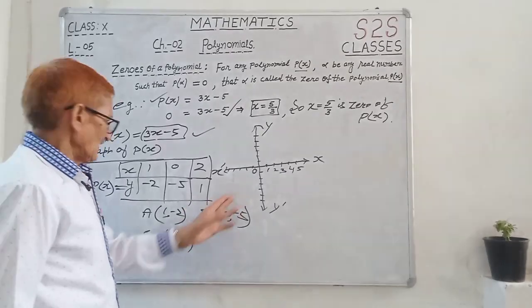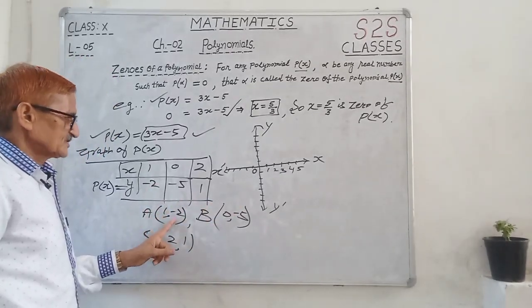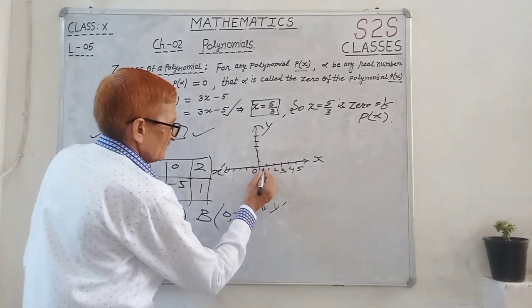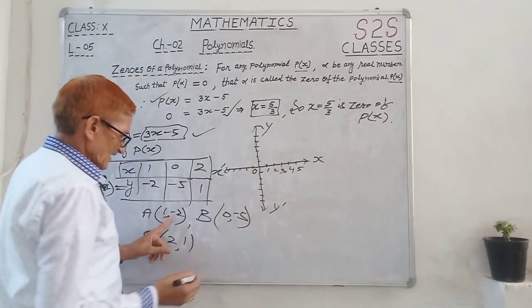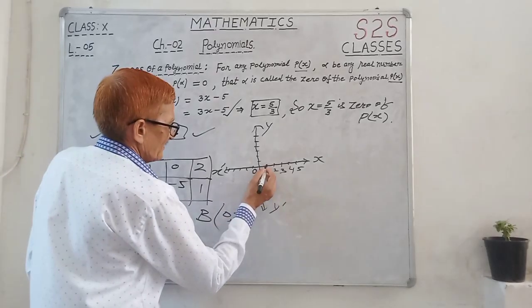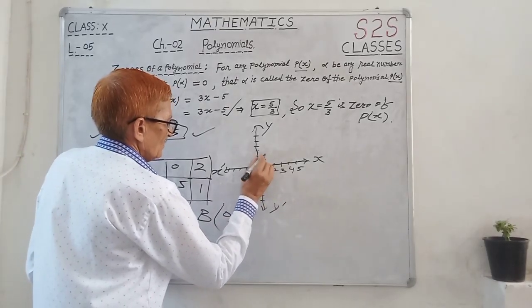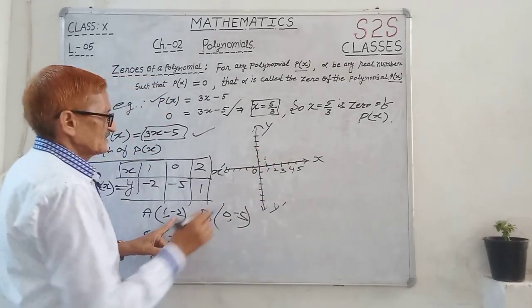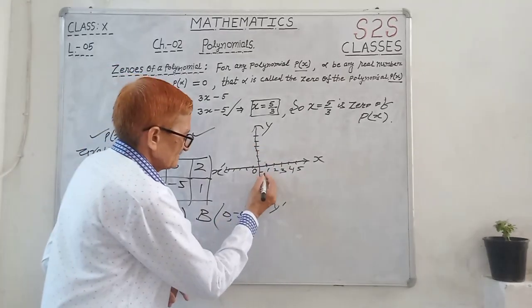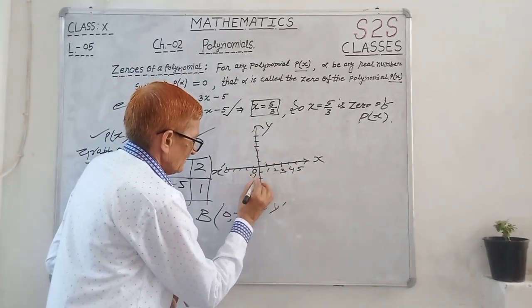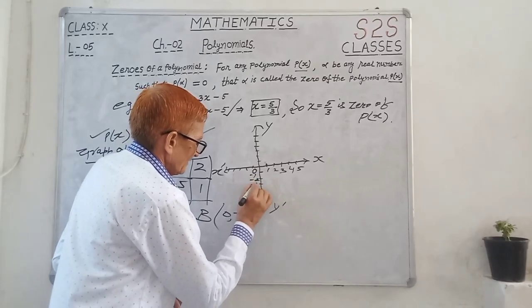Now, 1 comma minus 2: the x coordinate is 1, where is 1? This 1. Then the y coordinate is minus 2: from 1 go perpendicular, minus 2 downward, because y is minus 2. Minus 2 means downward: minus 1, minus 2, minus 3.